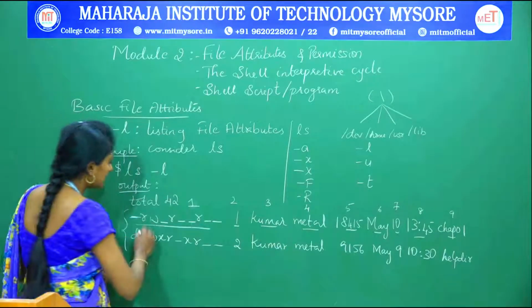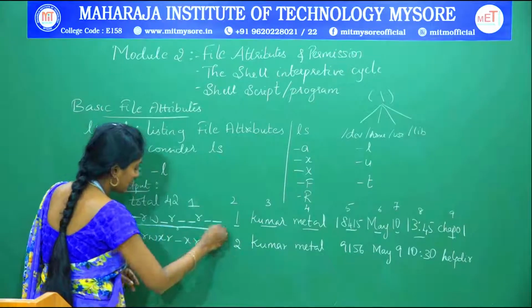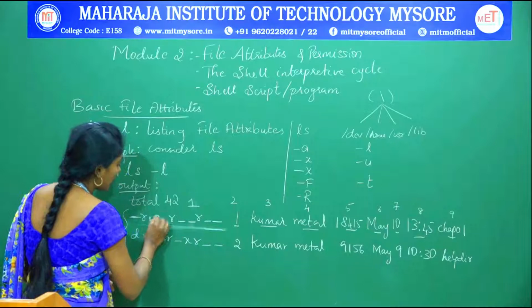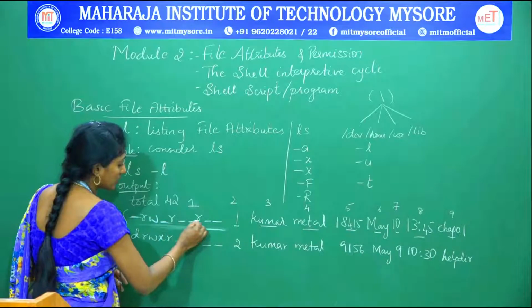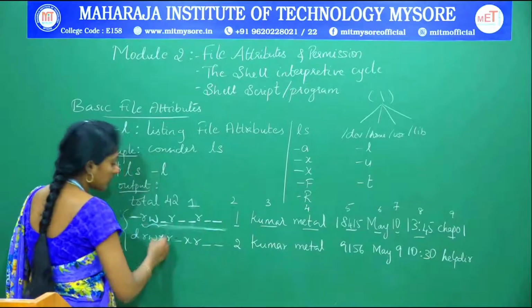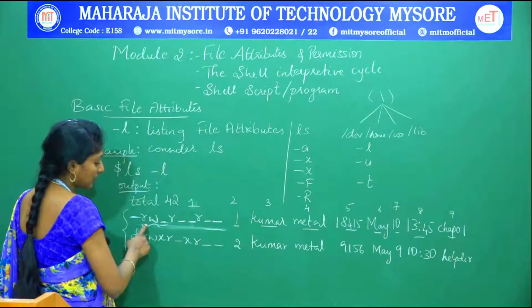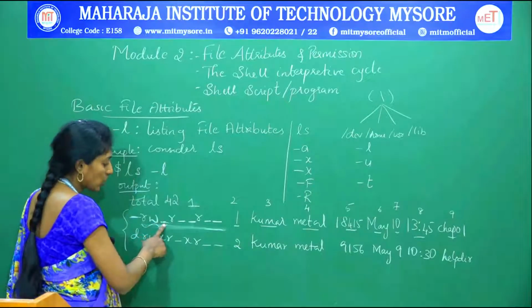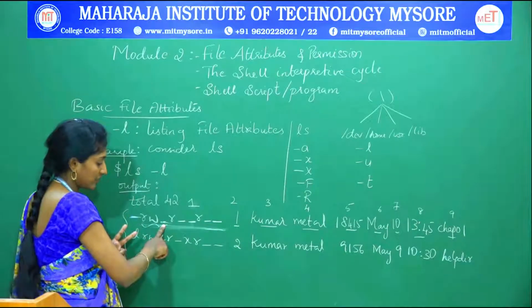Then there is rw underscore r underscore underscore r underscore underscore. In these 3 permission characters, r represents read, w represents write, and underscore means no permission has been assigned as of now.